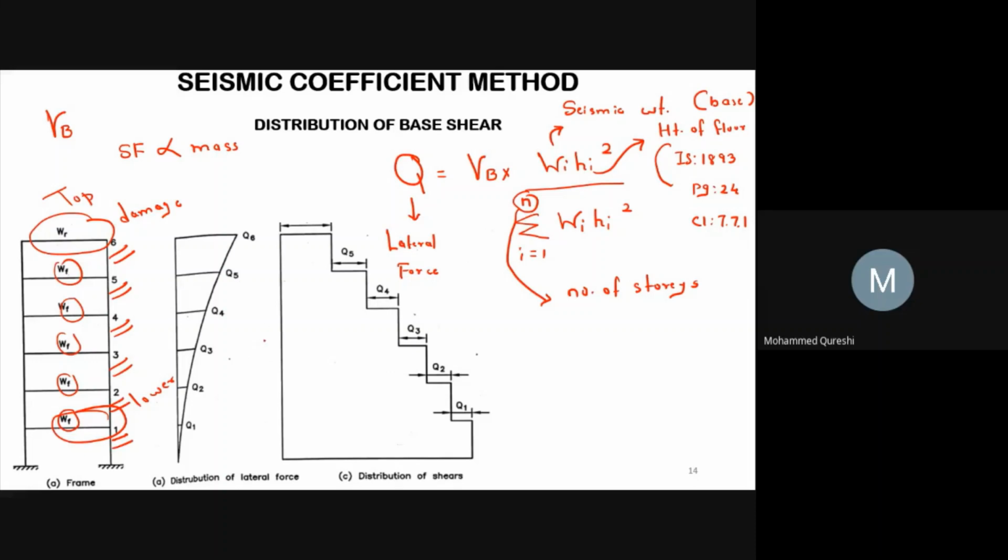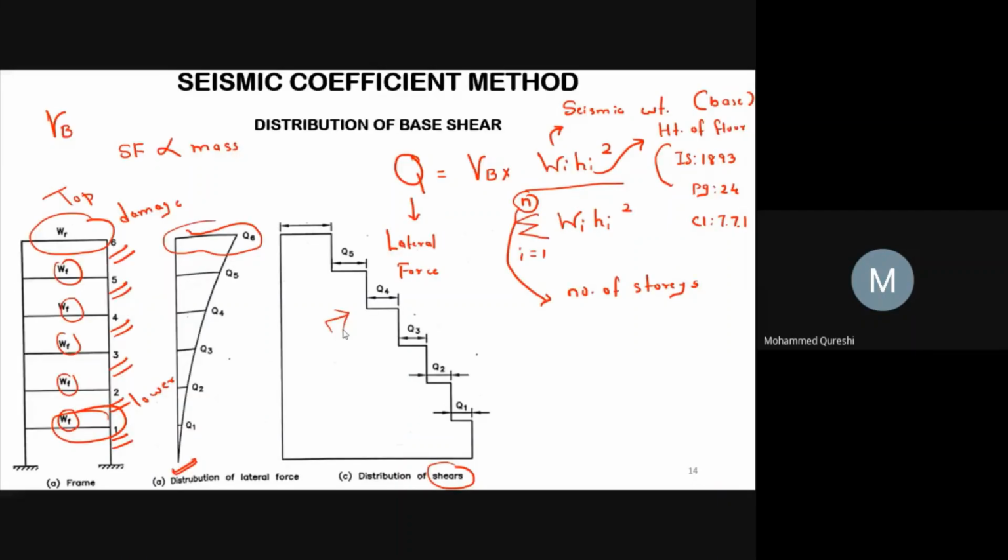Hence, you have to distribute this base force according to this figure, as we had seen that the top storey should be subjected to larger forces, and the shears will be distributed like this. Hence, in this way, we can determine the seismic forces and shears at each floor level using the seismic coefficient method.